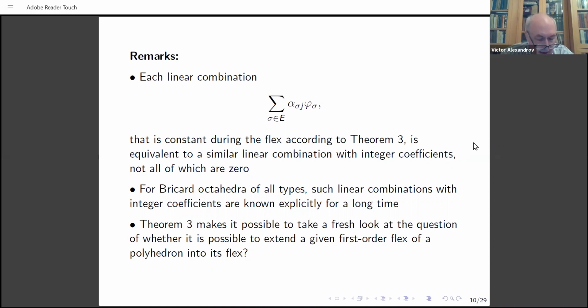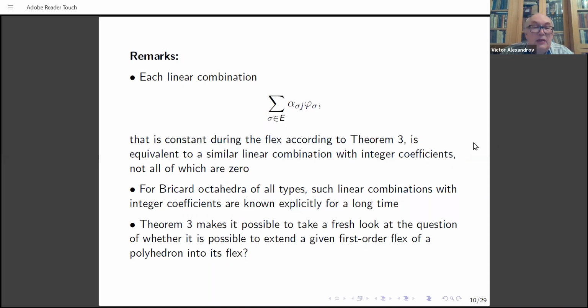In fact, we should just reduce fractions to a common denominator in this expression. The second remark is that for Bricard octahedra of all types, such linear combinations with integer coefficients are known explicitly for a long time.